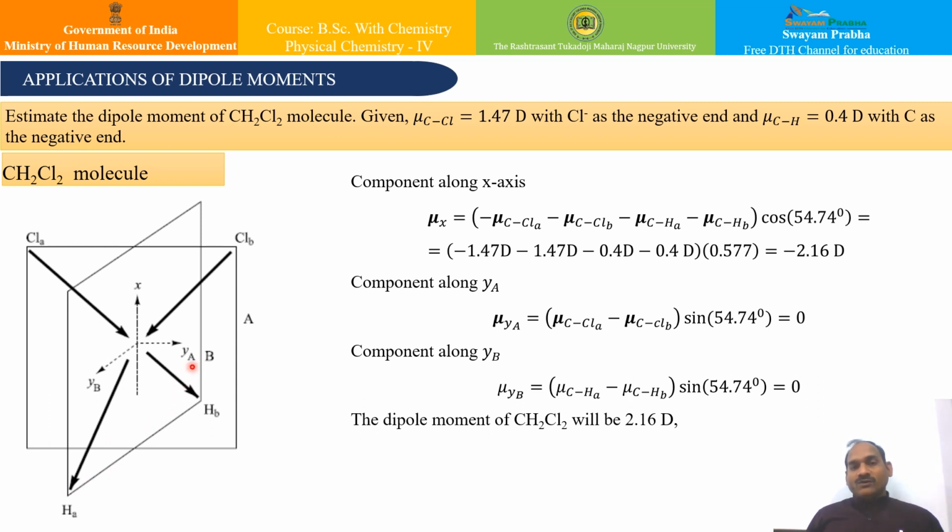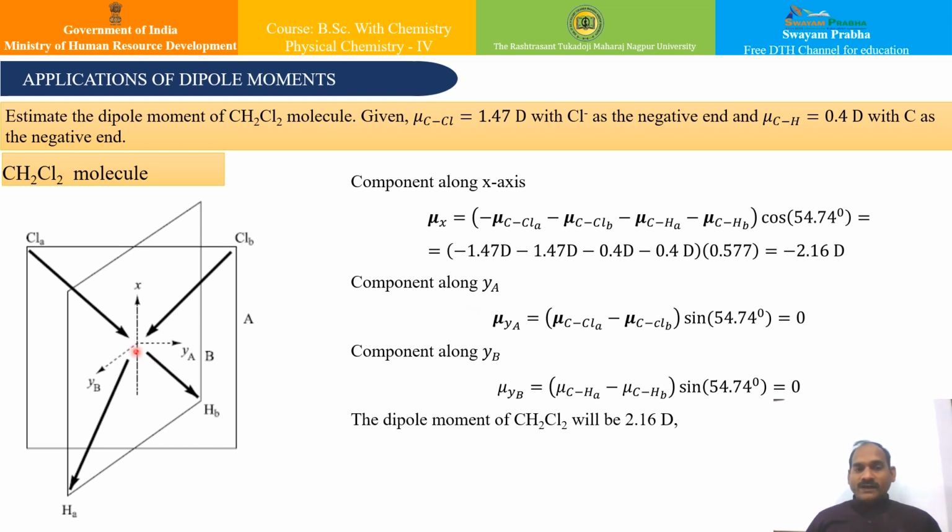The component along the x-axis will be the negative of the dipole moment of C-ClA minus that of C-ClB minus that of C-HA and minus that of C-HB, times cos of theta by 2, that is 54.74 degrees. If I substitute these values, I get the dipole moment along the x component as minus 2.16 D.